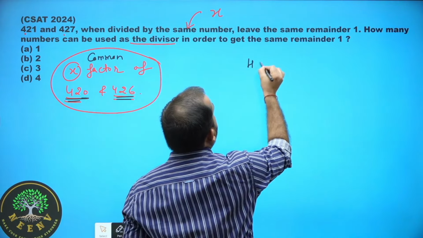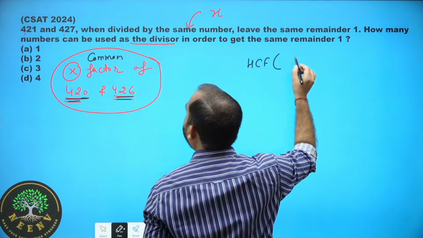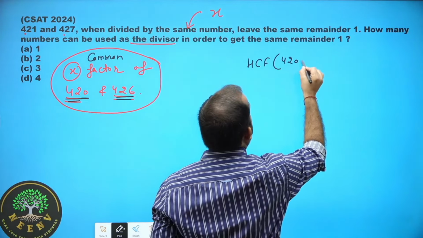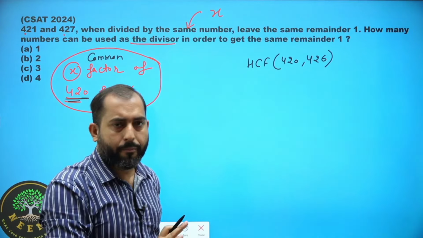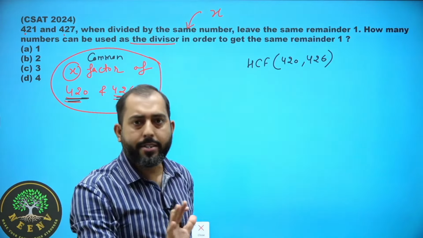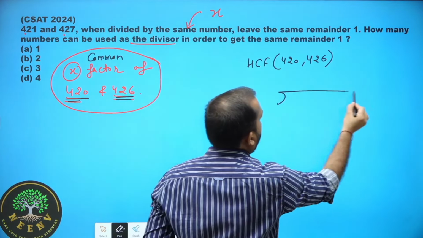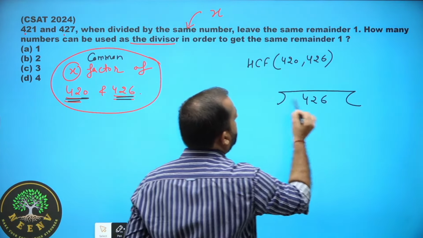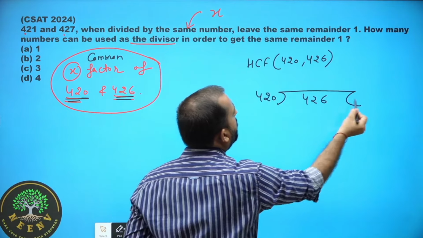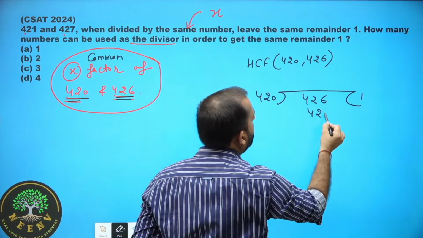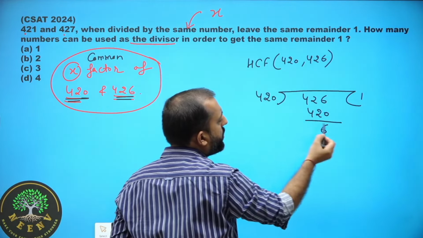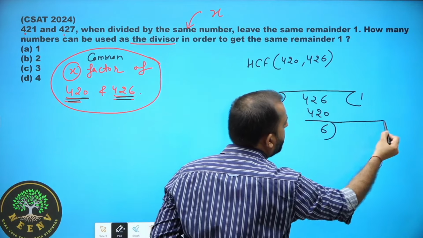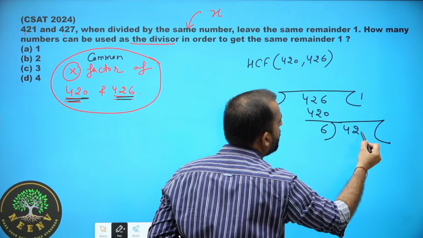So what is the highest common factor of 420 and 426? Let's calculate this first. Now we will use the long division technique. 426 divided by 420: 1 time is 420. Remainder is 6. This remainder is less than 420. So 6 will become the new divisor and 420 will become the new dividend.